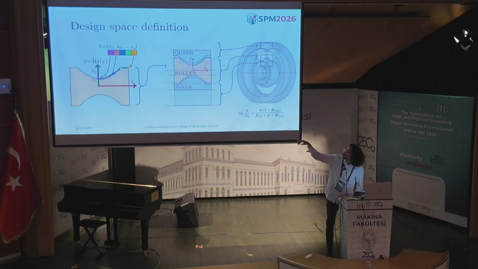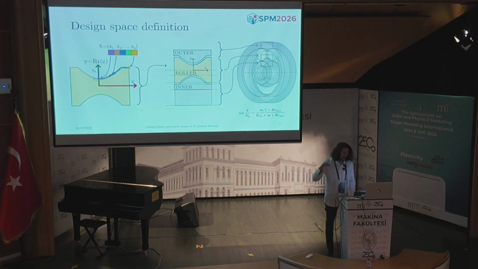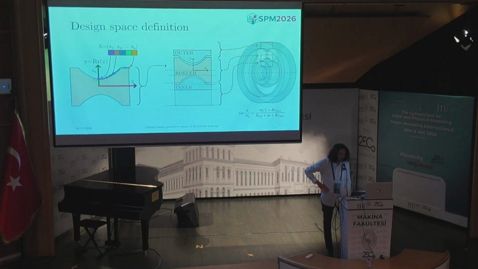So the design space definition for this bearing is just this line curve done with some control points. It is the blue curve to the left. And given these control points, we can get the Bezier curve and we apply the symmetry, axial symmetry, and get the revolution of the ring. We get the complete geometry of the ring in order to make it after.